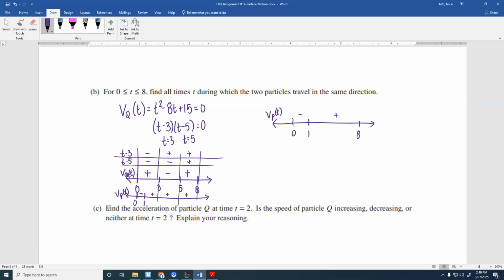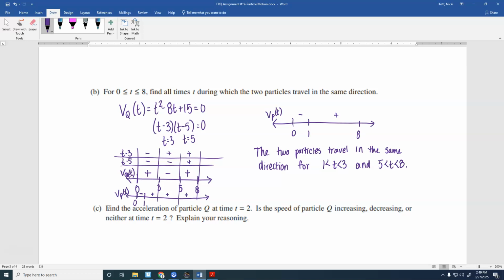So where do the two particles travel in the same direction? For which time periods are they? 1 to 3 and 5 to 8.